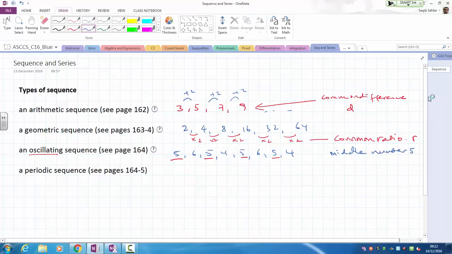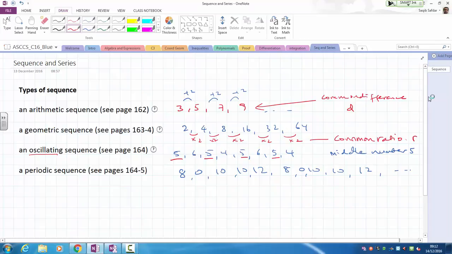Then you've got a periodic sequence. So you might have something like 8, 0, 10, 10, 12, etc. Here, the numbers repeat after a cycle, and the cycle doesn't necessarily have to have a pattern, but you can see 1, 2, 3, 4, 5.